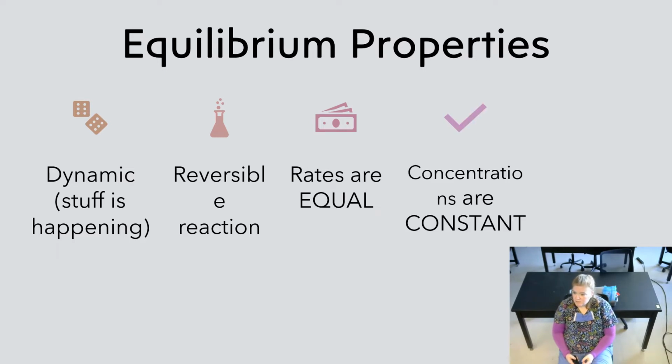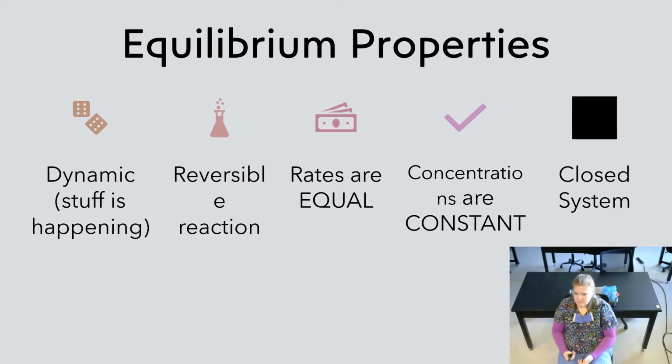And the concentrations are constant. So the amount of products and the amount of reactants stays the same, but some is getting turned back into reactants, some is getting made into products, but because the rates are equal, the concentrations are constant. So concentrations are constant, rates are equal, it's dynamic, and the reaction has to be reversible.